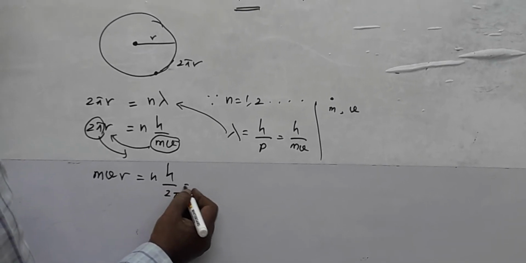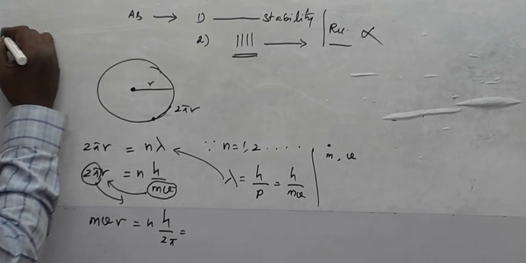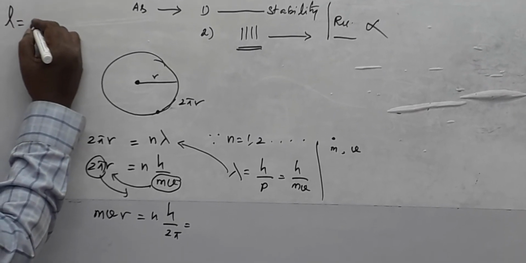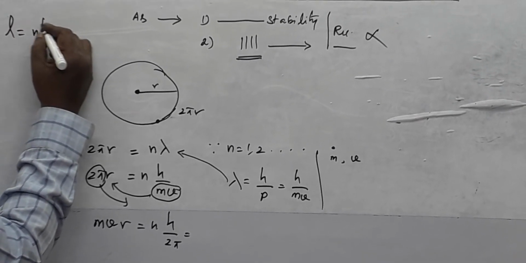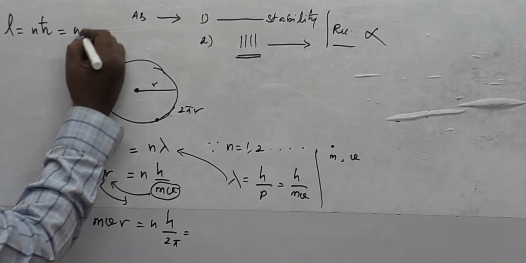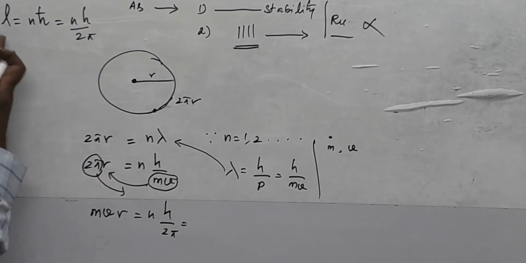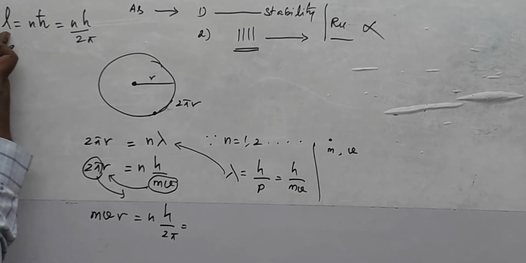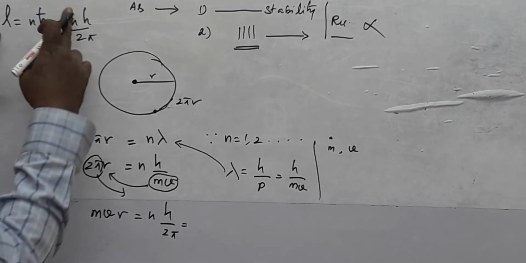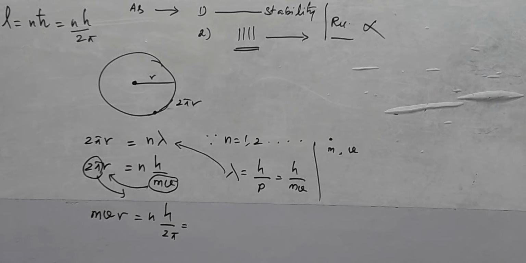It is nothing but what was already told: L is equal to n h bar, or equal to n h by 2 pi. This is the angular momentum of an electron, which is a multiple of h by 2 pi.